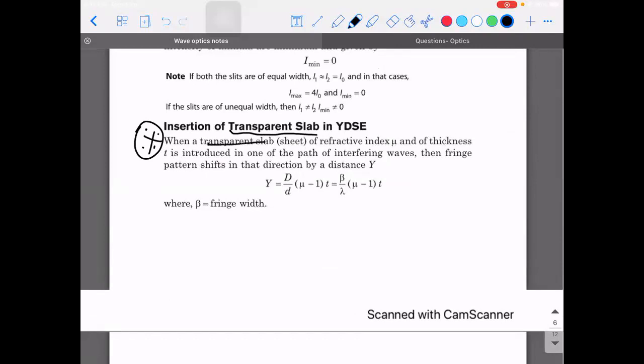When a transparent slab of refractive index mu and thickness t is introduced in the path of one of the interfering waves, the fringe pattern shifts in that direction by a distance y, given by this formula: y is equal to capital D divided by small d into (mu minus 1) into t.